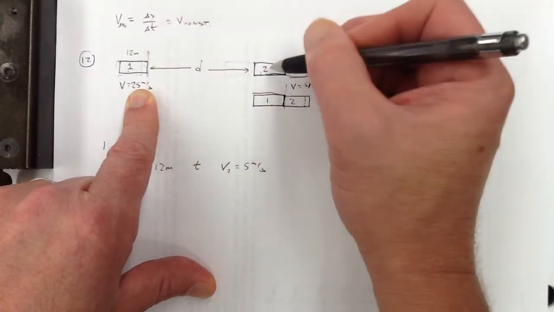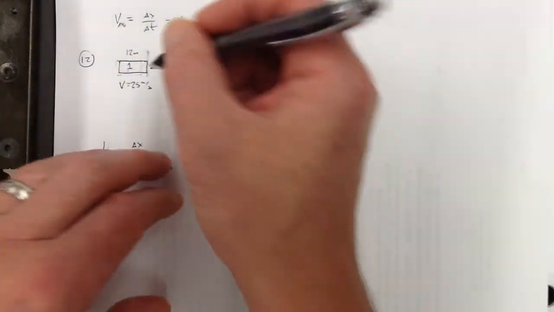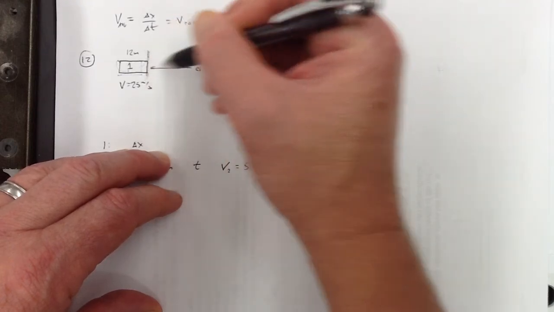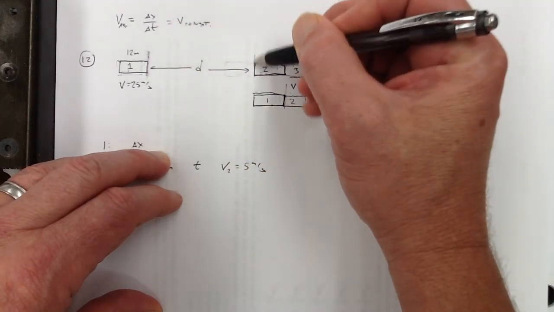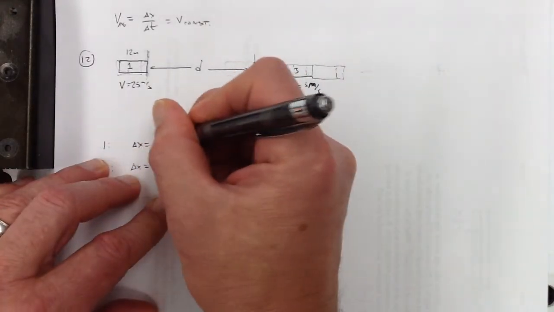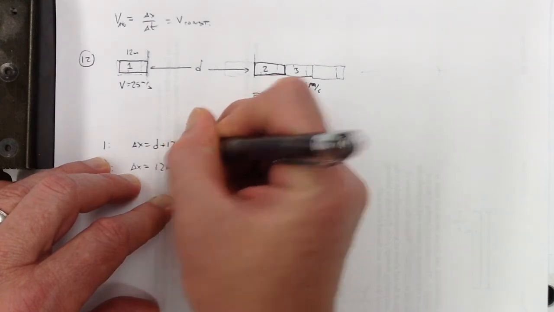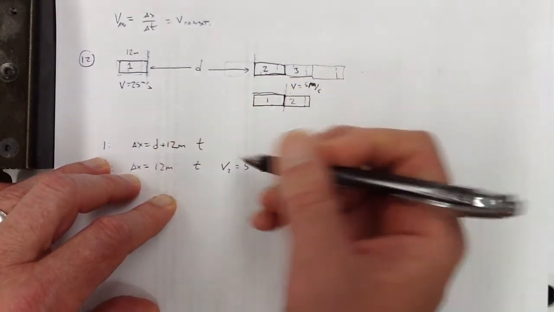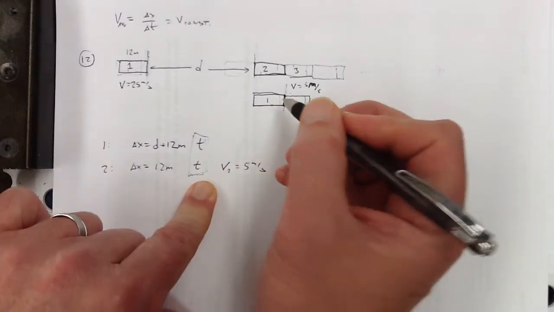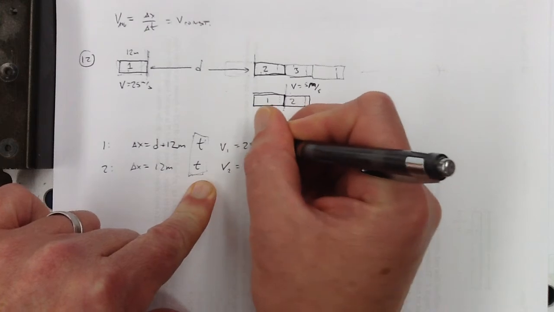Because whatever part of the car you pick to be your reference point, you've got to stick with that part. So if the front of the car goes a distance d, then the front would be here, but we want the front of the car to be here. So the distance is really d, which we're looking for, plus 12. It takes some amount of time, but it's the same amount of time as car 2 getting from here to here, if we want this to work just so.